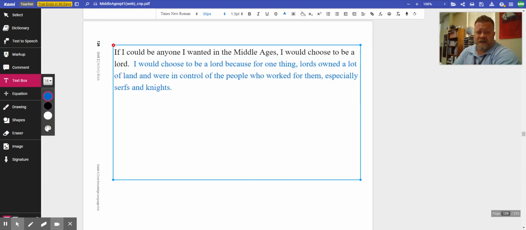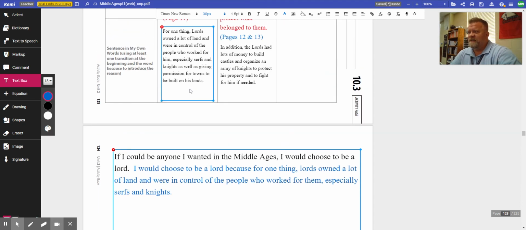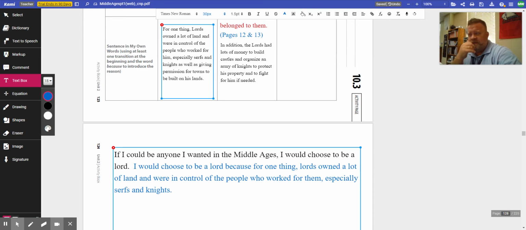So here's my first reasoning. I would choose to be a lord because, for one thing, lords owned a lot of land and were in control of the people who worked for them, especially serfs and knights. I stated, if I go back up to my reasoning, lord of the land, control the people, knights, give permission, towns to be built.